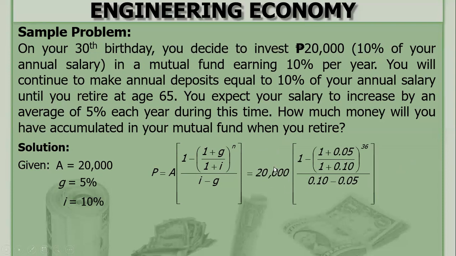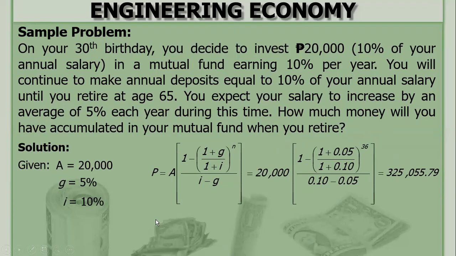So here are the values, 20,000, and we have 36 as our N. So this is our P, present worth. But what is asked is, how much money will you have accumulated in the mutual fund? So what's the value of all the deposits at year 65?